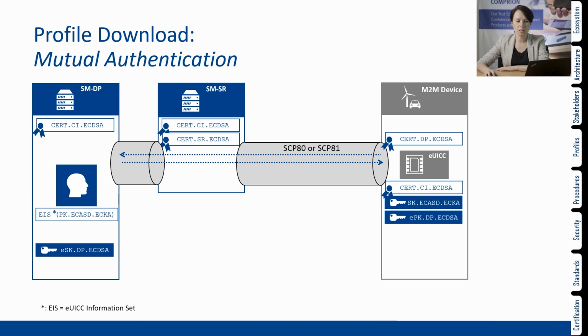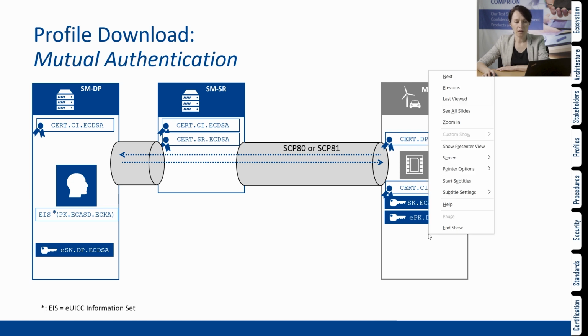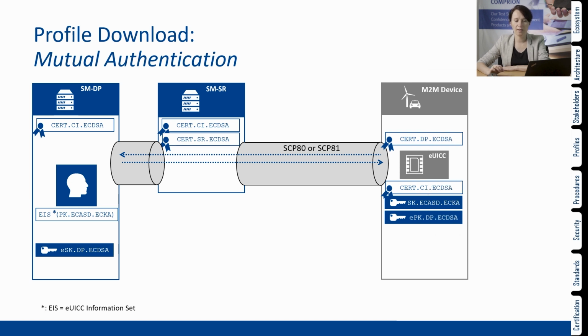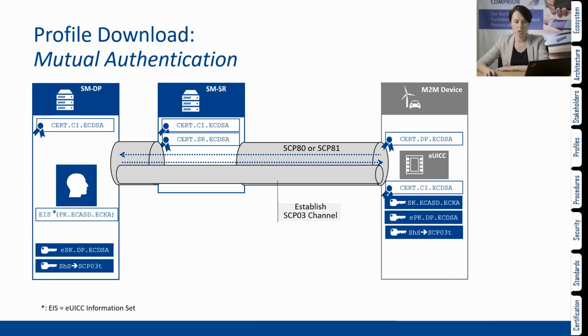In the next step, the EUICC will use this public key of the DP and will create this shared secret using its secret key and the public key. This shared secret is used as an input for the key derivation function, which is used to derive the key set for the SCP-03 or SCP-03T protocol.